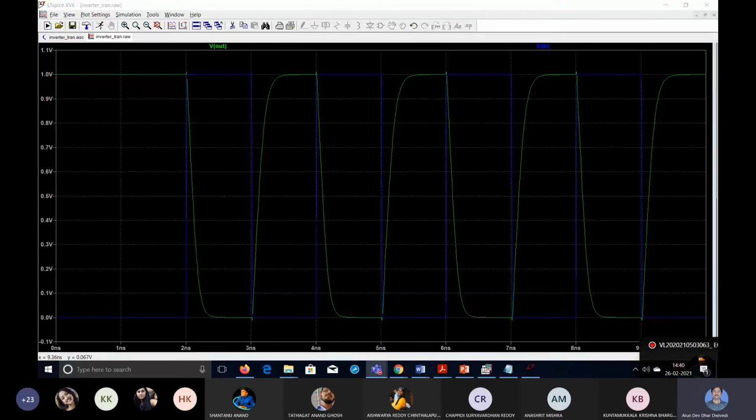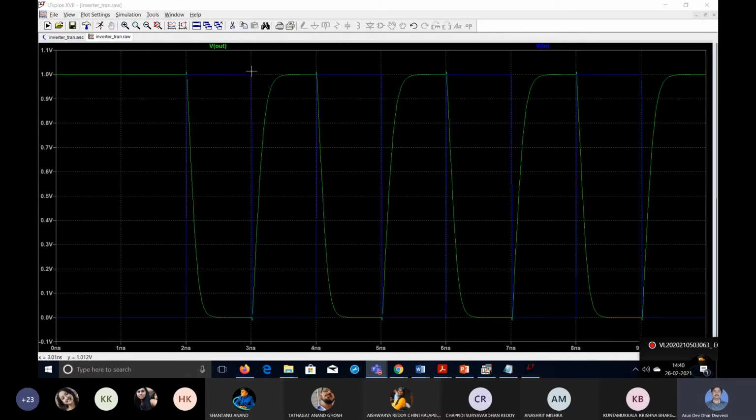We can see here, the initial delay I have given is 2 nanosecond, therefore up to 2 nanosecond the input pulse is low. After 2 nanosecond it is rising within 10 picosecond, so the rise time is very small, 10 picosecond. Again it is high for 1 nanosecond because the pulse width is given as 1 nanosecond.